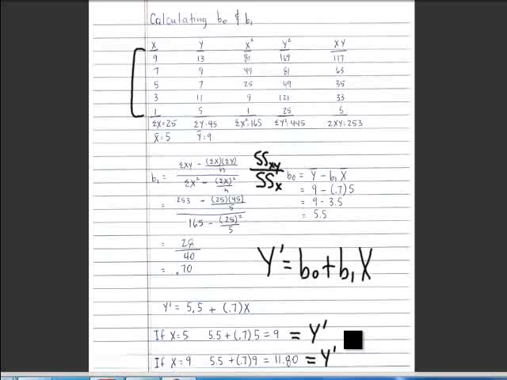So when x is equal to 5, we would have predicted a y prime of 9, and notice here someone actually scored a 7. For x is equal to 9, we predicted 11.8, and notice that someone actually scored a 13.